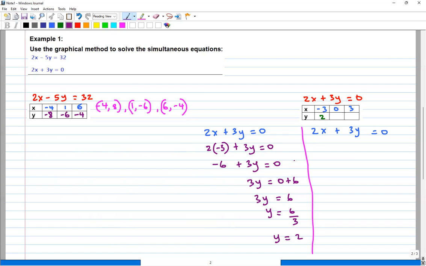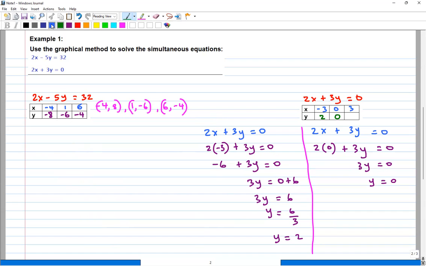So we will have 2 times 0 plus 3y is equal to 0. 2 times 0 is 0, so 3y is equal to 0, which means that y is 0. So when x is 0, y is 0. Let's write here 0.